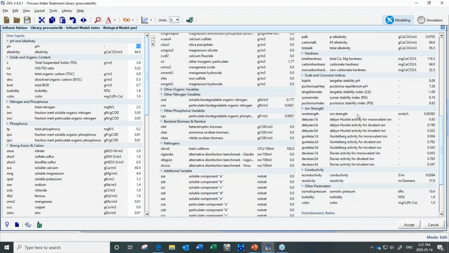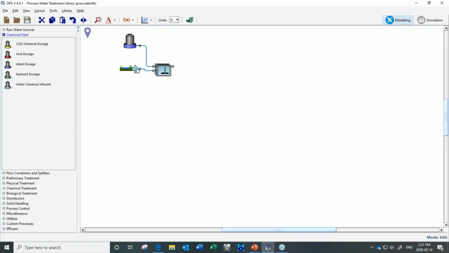All of this will be calculated for you for the wastewater, for the water. So you can change anything here and it will automatically calculate the right-hand side. That is the way you can characterize your influent or the feed water in the most appropriate manner.